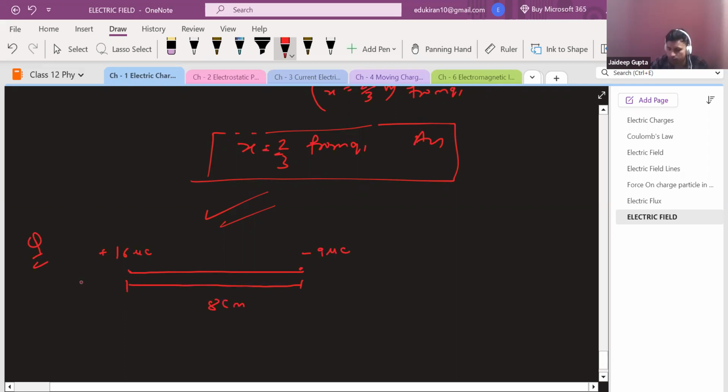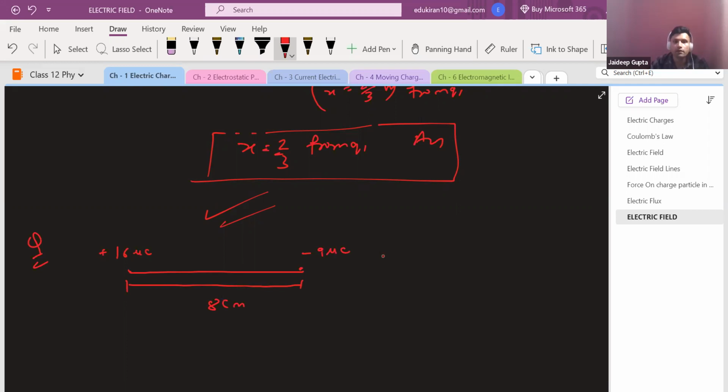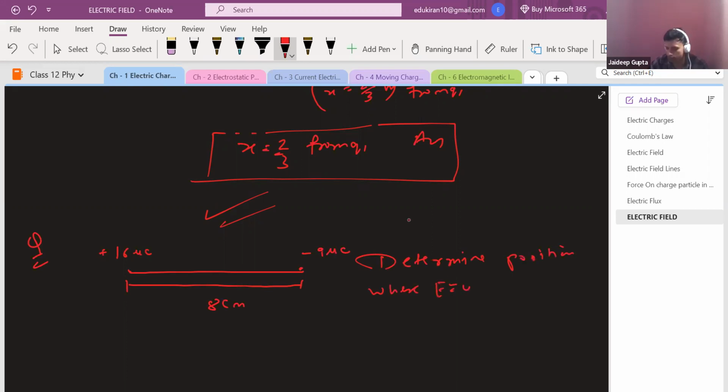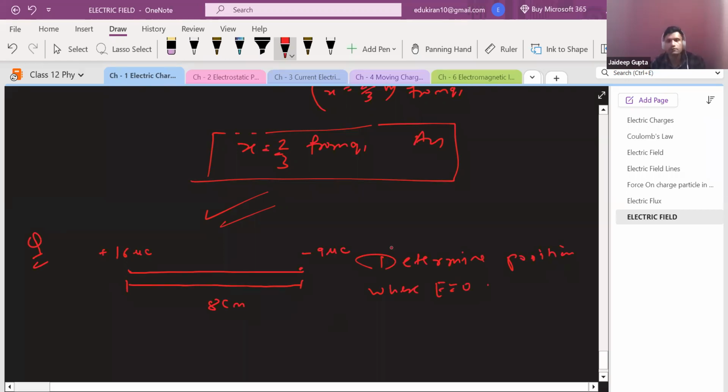Determine the position where E equals 0. Fast. 2 to 3 minutes to do this question. Fast.